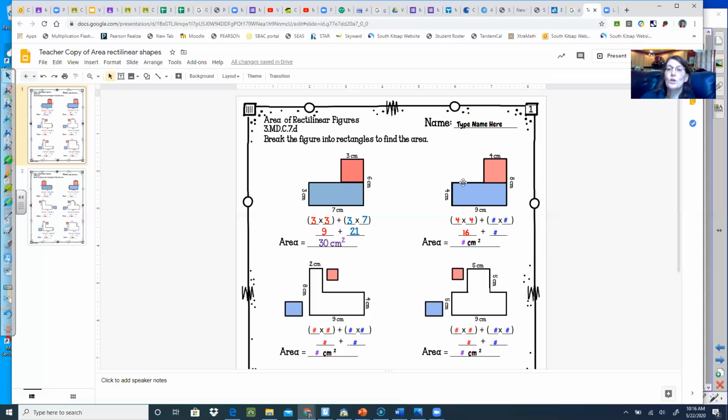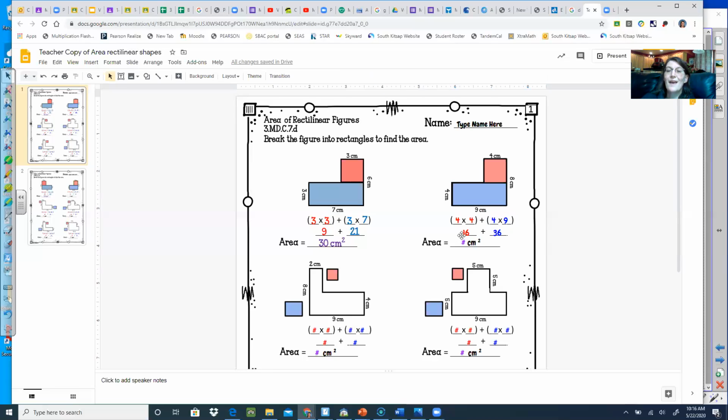Now I'm going to look at this blue rectangle at the bottom. It's 4 tall and 9 wide. So we're going to do 4 by 9. Now 4 times 9, I've got that one memorized, is 36.